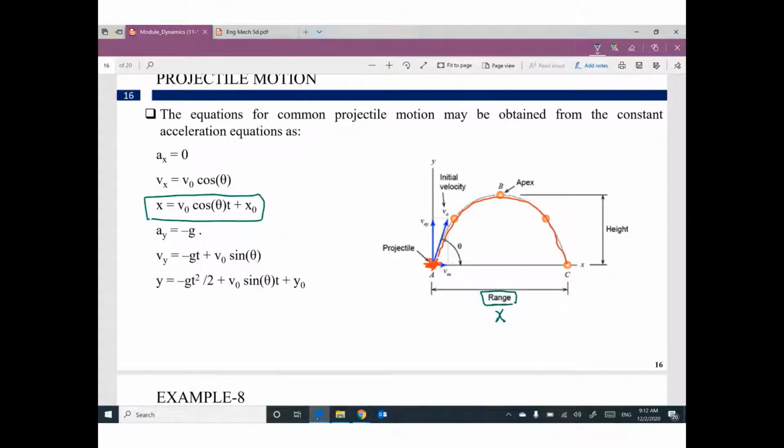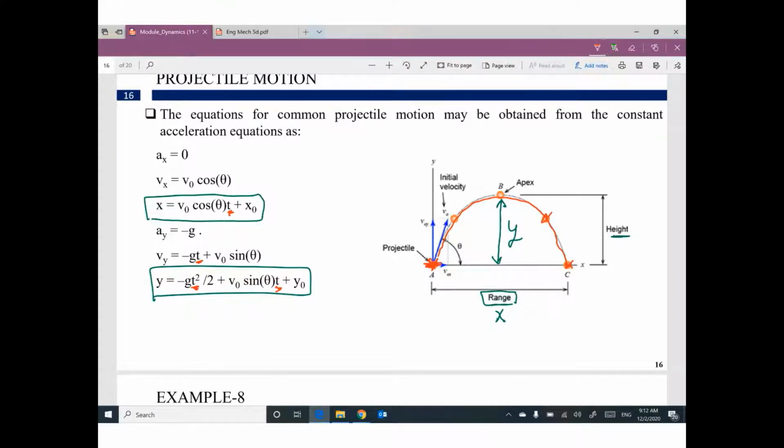Or we can figure out the total height that this projectile can reach, which is the y distance, using this equation. And also we can figure out the time required for this projectile to hit the ground or hit any position by using this term t.